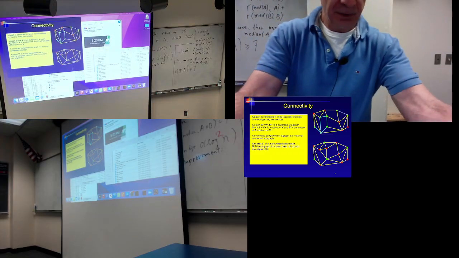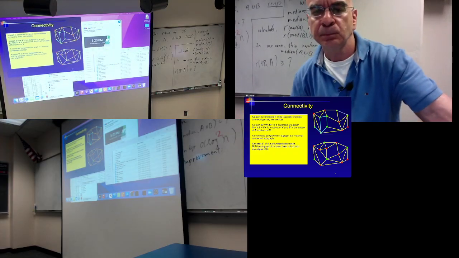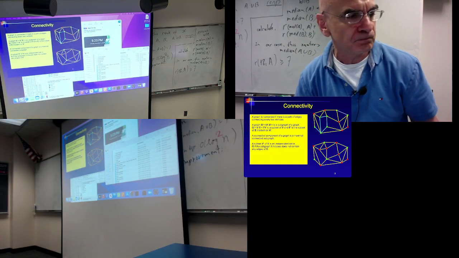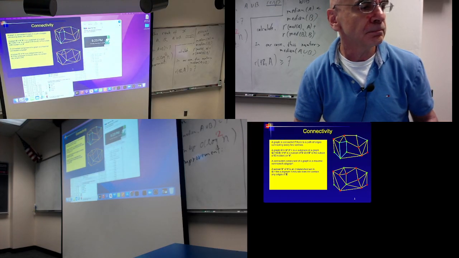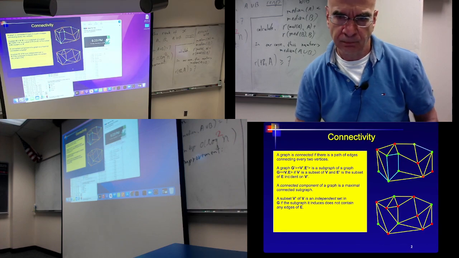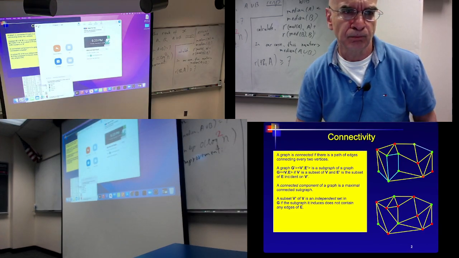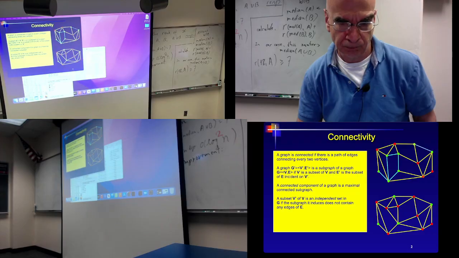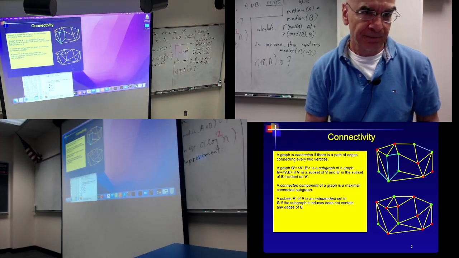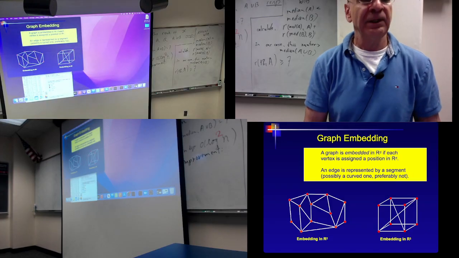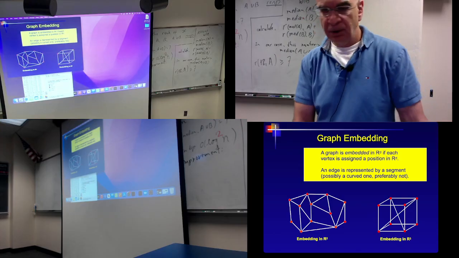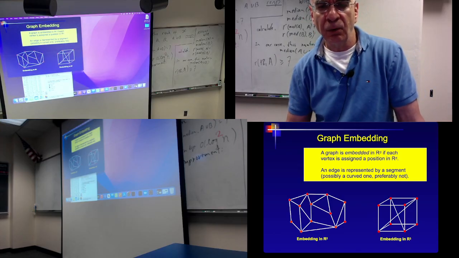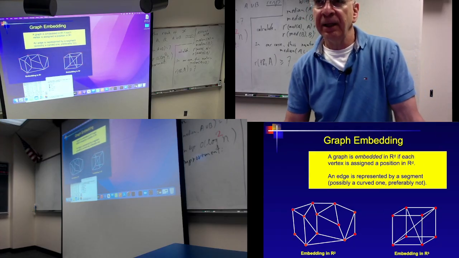Okay, let's continue with connectivity. So we talked about graphs and when a graph is connected. Here is graph embedding, not extremely crucial in this course.